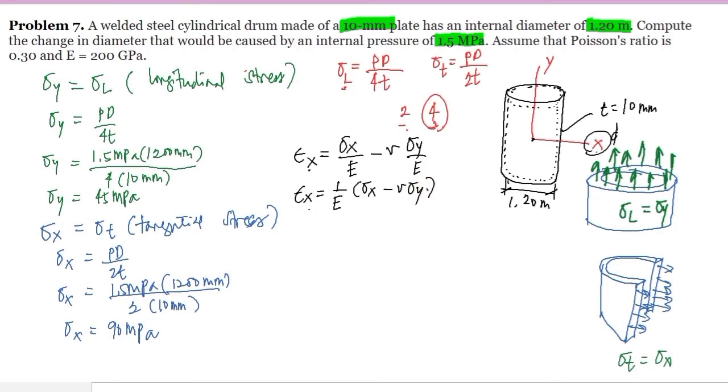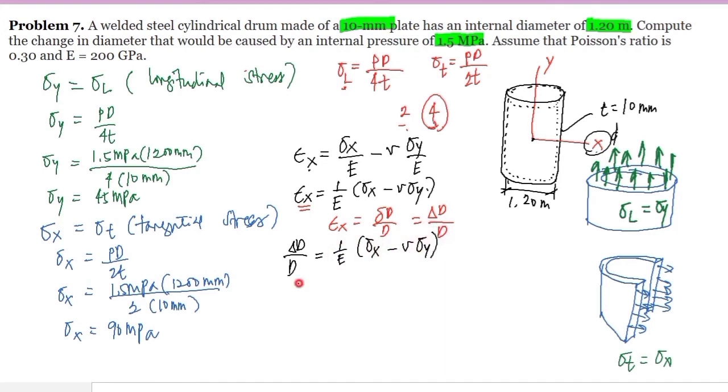Since we know that the strain in x is the change in diameter over the original diameter, we have here the change in diameter over the original diameter, and let us replace this. So we have the change in diameter over the original diameter equal to 1 over E multiplied by the stress in x minus Poisson's ratio multiplied by the stress in y.